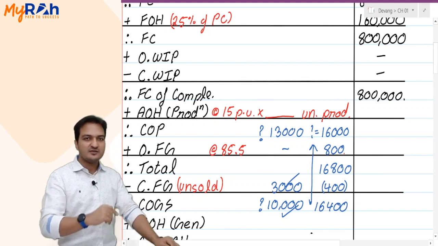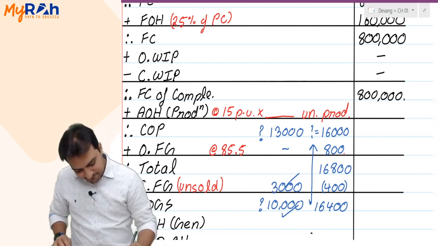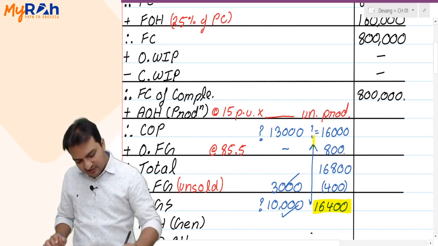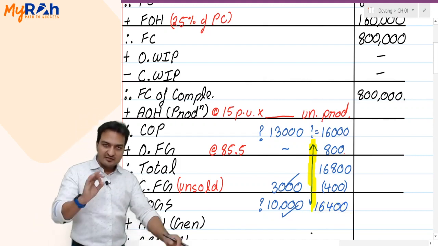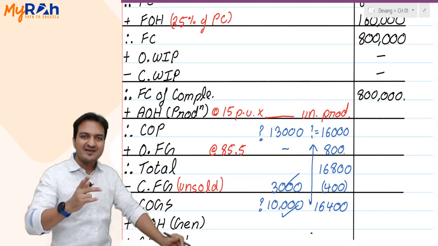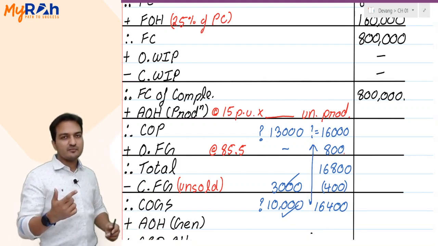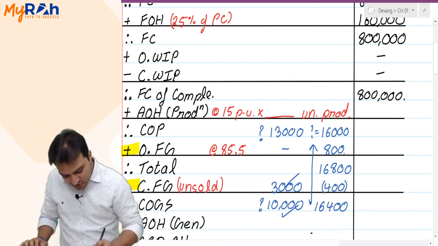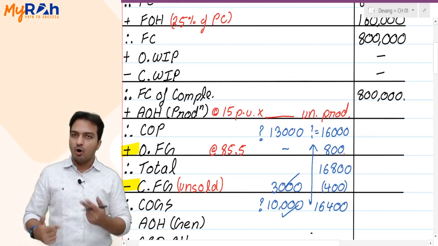Listen, I explain this with two methods. 16,400 is my sold units. If I want to do reverse calculation, then reverse calculation simply means that whatever plus or minus sign that I have written here will be reversed. In case of forward calculation, if this was add and this was less, then for reverse calculation the sign will become opposite.